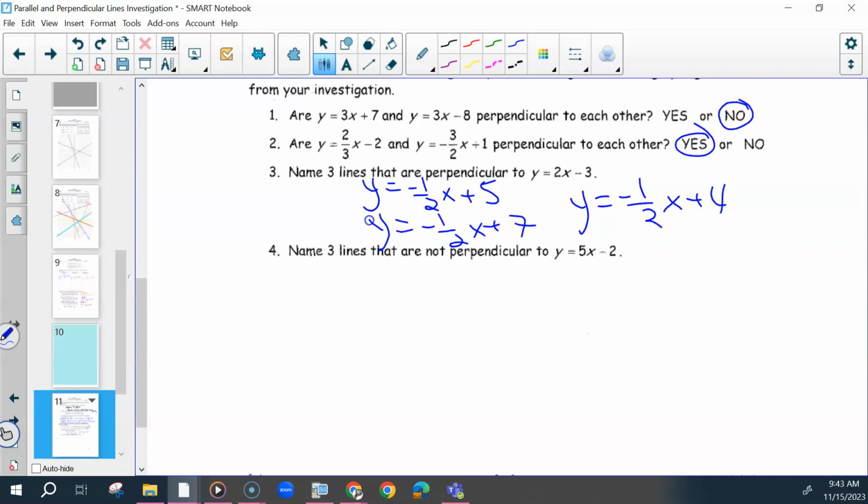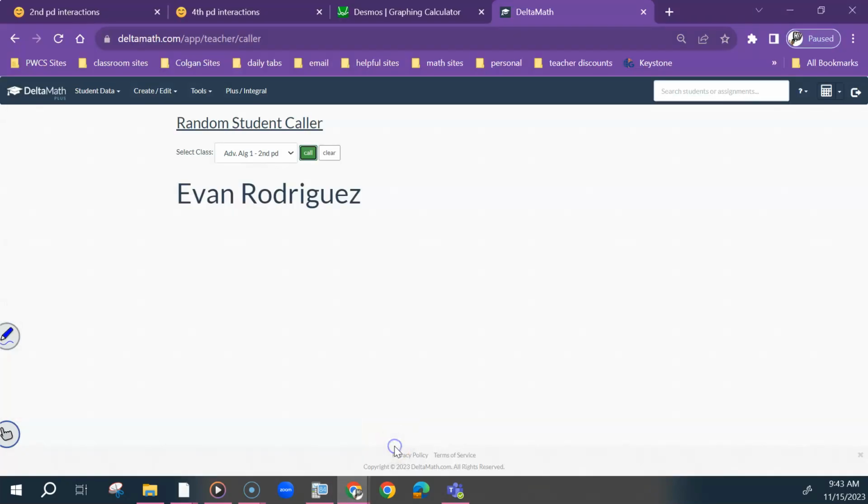Beautiful. Now I need 3 other people to give me lines that are not perpendicular. Going once. Going twice. Go ahead, Dominic. Y equals 3x minus 2. Sure, these could literally be whatever you want. Two more people. You may have to do this sometimes because some of you have already gone.